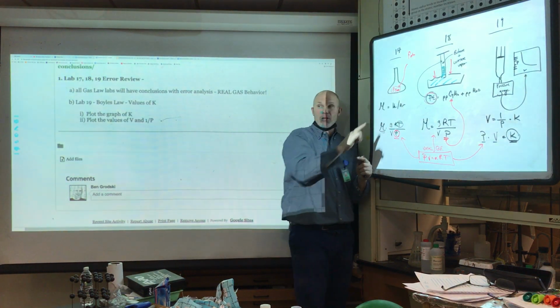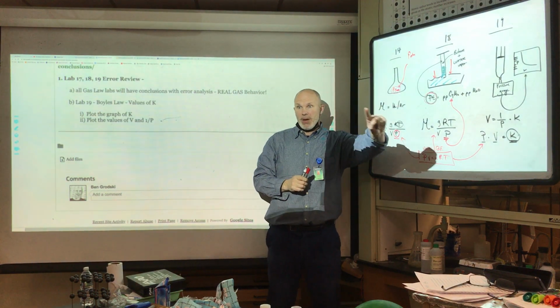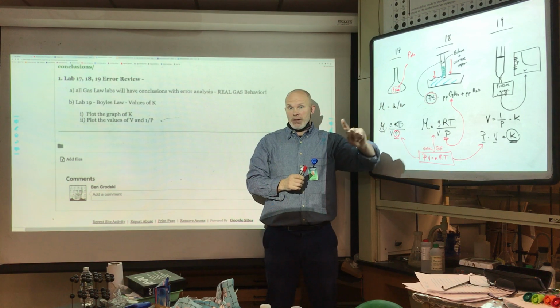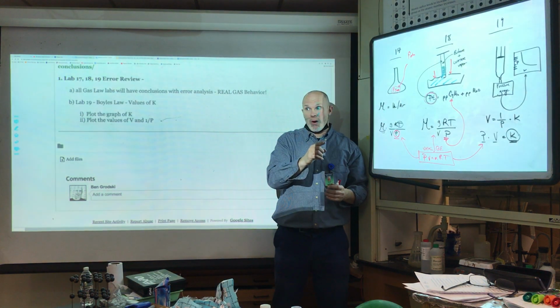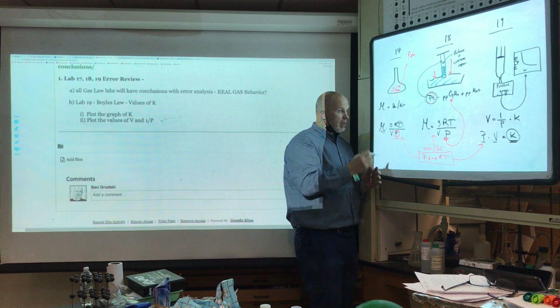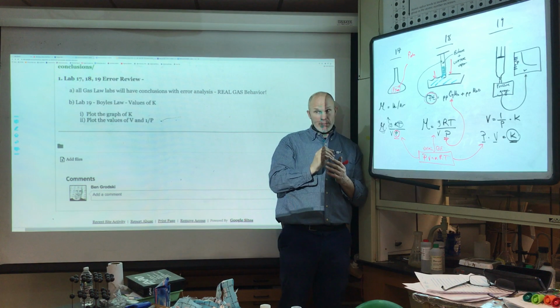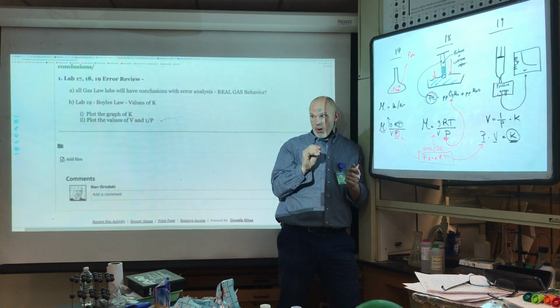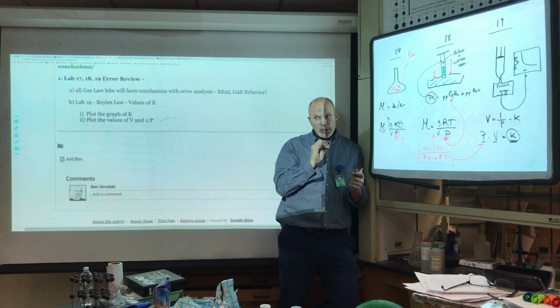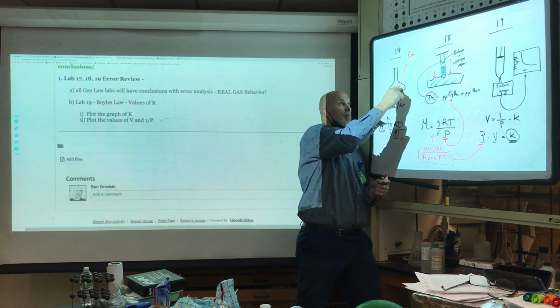But in order to have this pressure in here, if they really are attracting each other and have longer mean free paths, then don't we need more of them? So in order to get this pressure, we needed more grams. We measured the grams, but that grams is going to be an elevated value. If that was an ideal gas, you would need less of the gas to produce that same pressure.